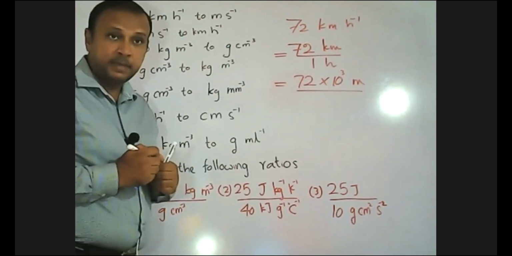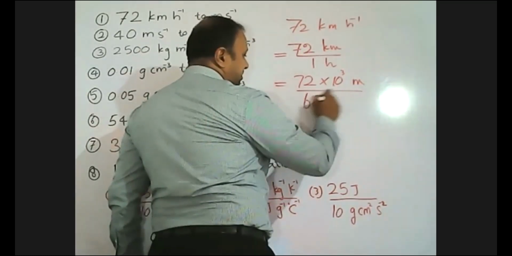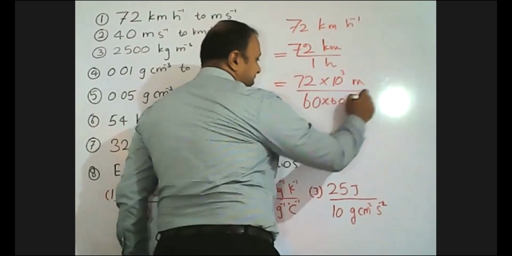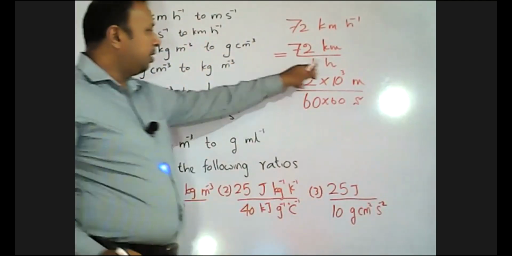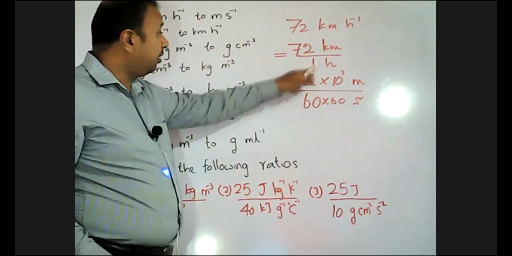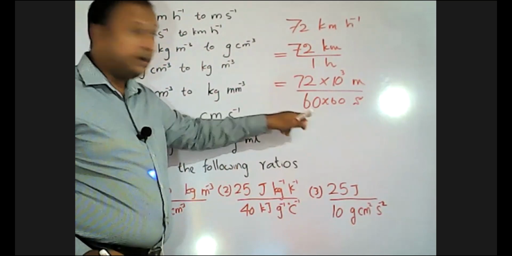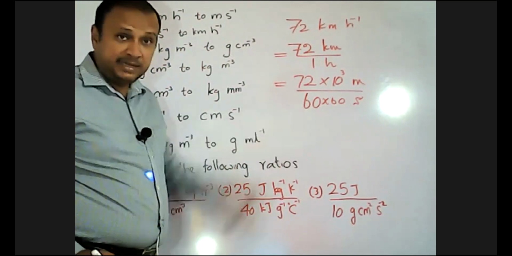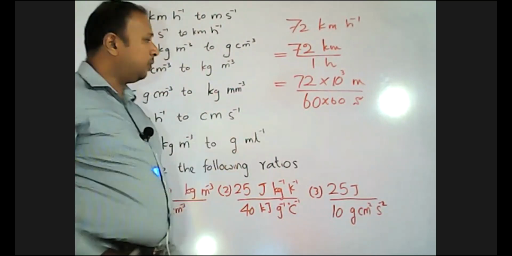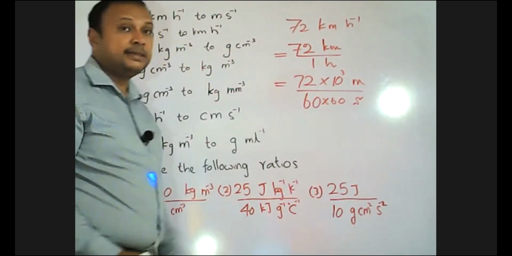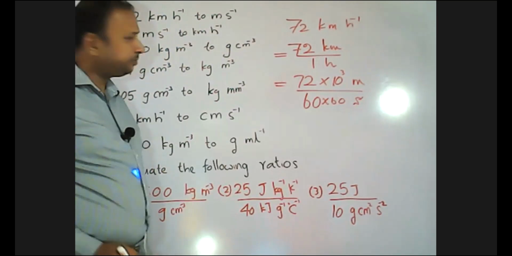Then hours. 1 hour is equal to 60 into 60 seconds, because there are 60 seconds per 1 minute and 60 minutes per 1 hour. So 60 into 60 seconds per 1 hour.